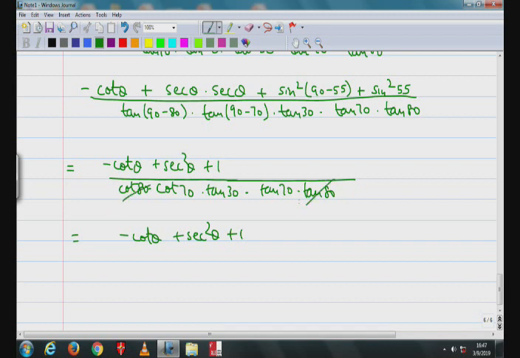This will cancel and this will get cancelled out. So tan 30 degrees is 1 by root 3. So finally it will become root 3 times cot theta plus sec square theta plus 1. That would be the simplified form.